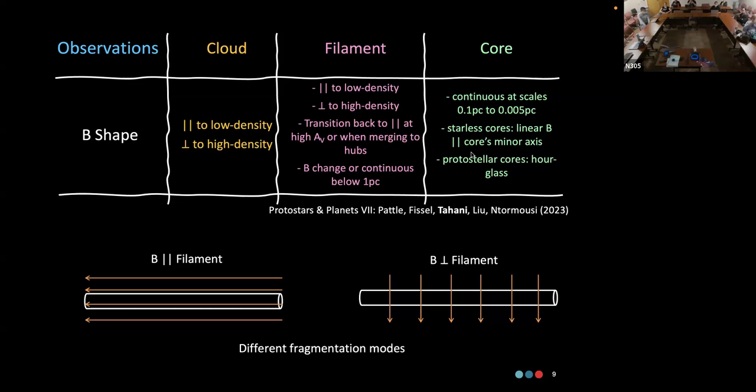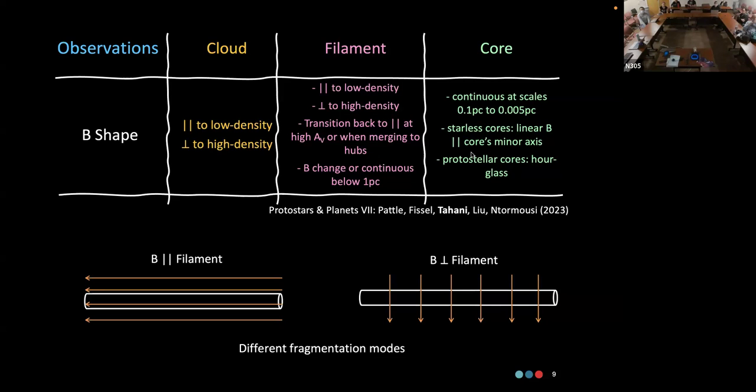So this would result in different modes of fragmentation, as was studied by a number of papers, for example, Seifert et al. 2015. And this would result in different star formation rates, star formation efficiency, and possibly stellar masses as well.